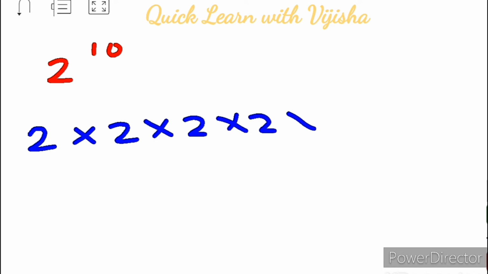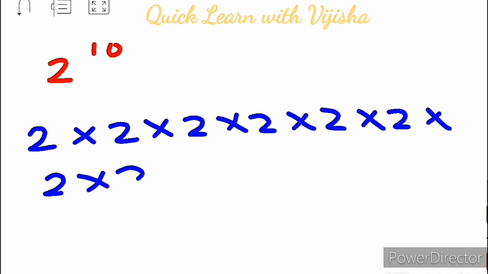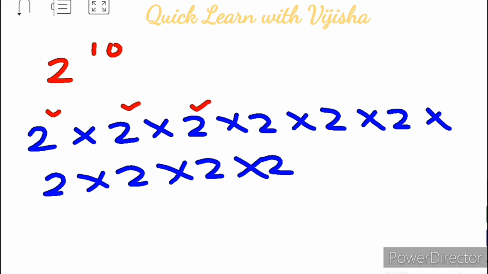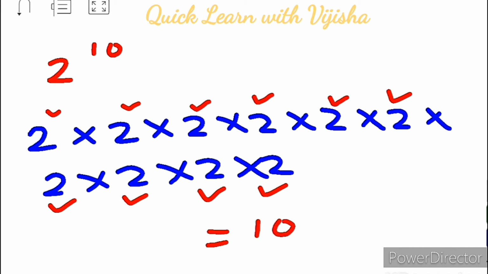So we have written 2 10 times. Understanding, children? Now you have to multiply all these numbers. Multiplying all the numbers, you will get the answer as 1024. Hope you are understanding the concept, students.